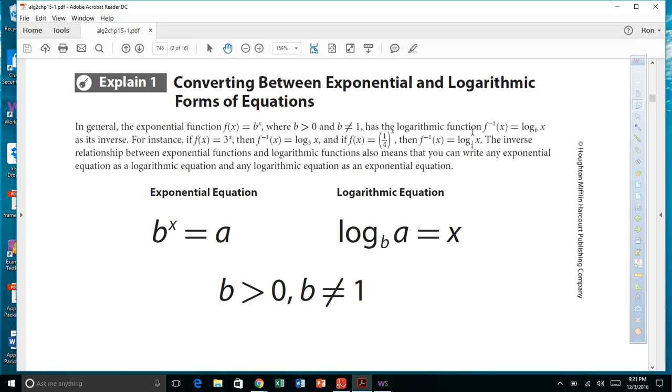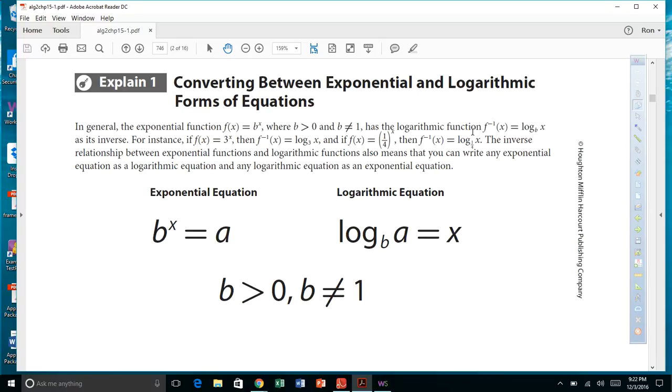For instance, if f of x equals 3 to the x, then the inverse of f of x equals log base 3 of x. And if f of x equals 1/4 to the x power, then the inverse of f of x equals log base 1/4 of x.